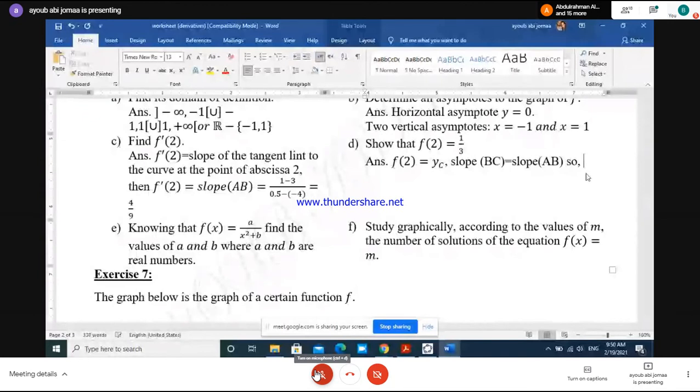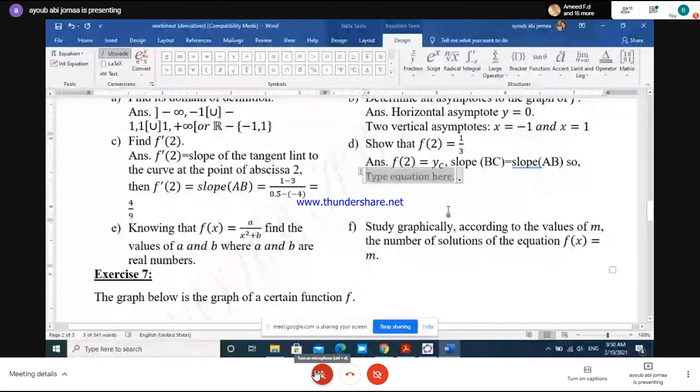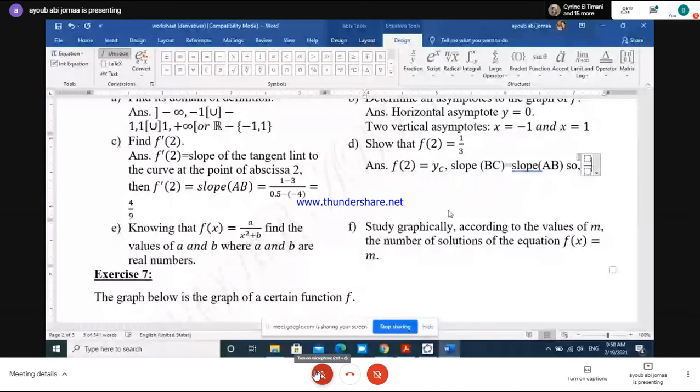So, the slope of line BC is y of C minus y of B over xc minus xb.